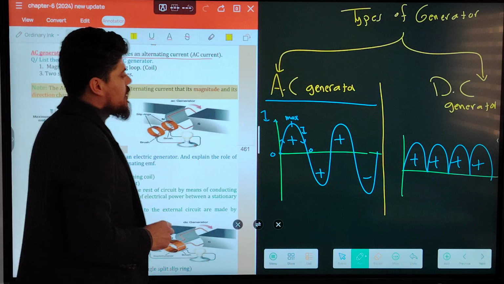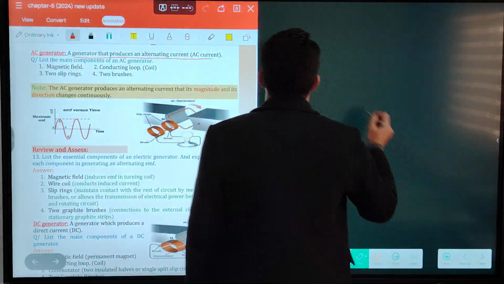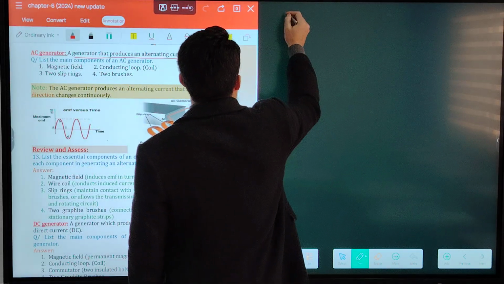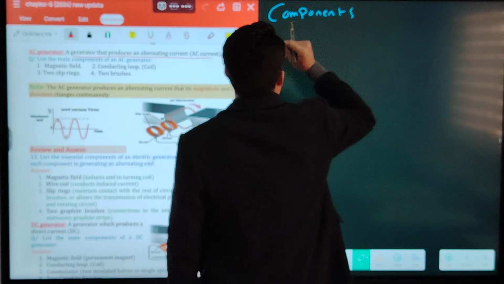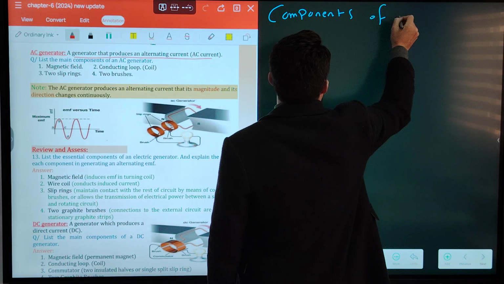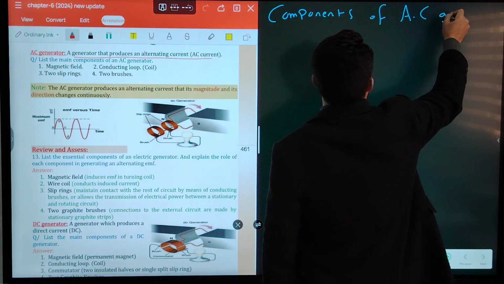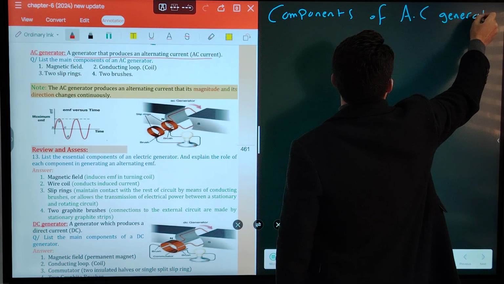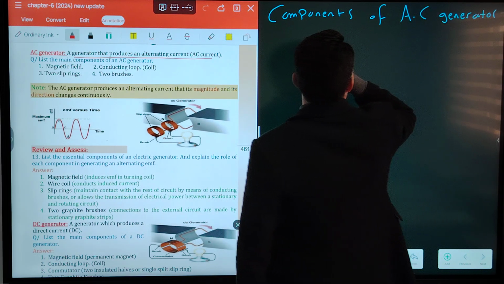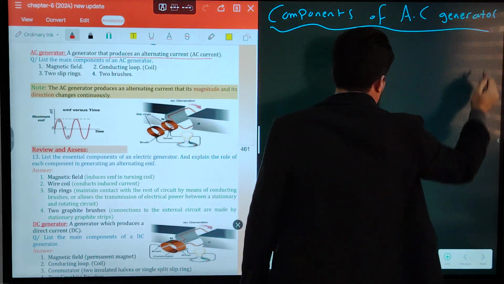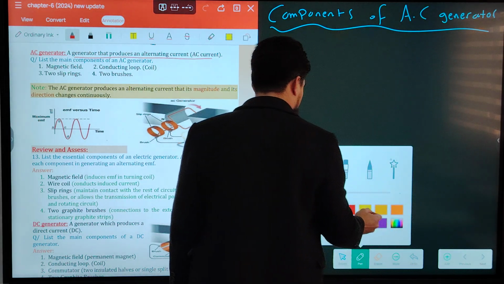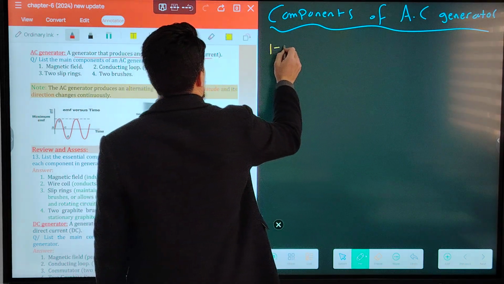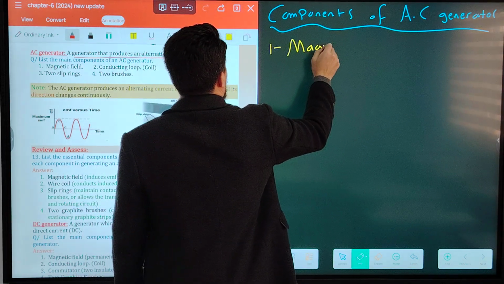The main components of an AC generator. We have four main components, and I will explain them one by one. Number 1, magnetic field.